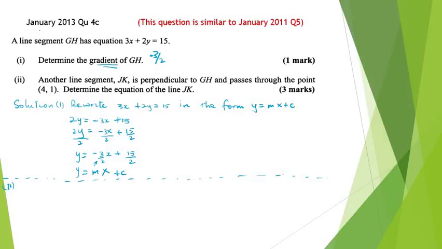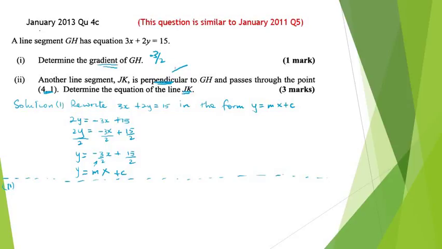Another line JK is perpendicular to GH and passes through the point (4, 1). Determine the equation of the line JK. They give us all these words, but in the words we have a lot of clues as to what to do.